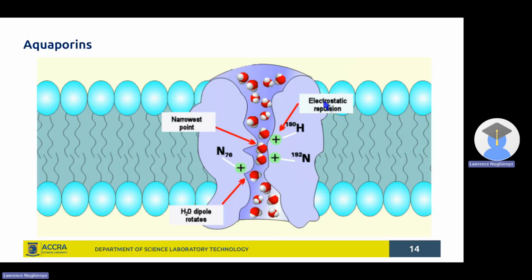So you have some electrostatic repulsion, but this kind of repulsion is particularly for orientation of the water molecules, because the water molecules have hydrogen and oxygen forming a dipole structure.